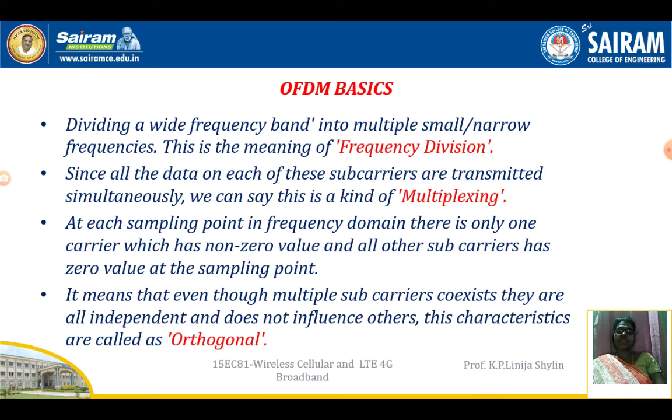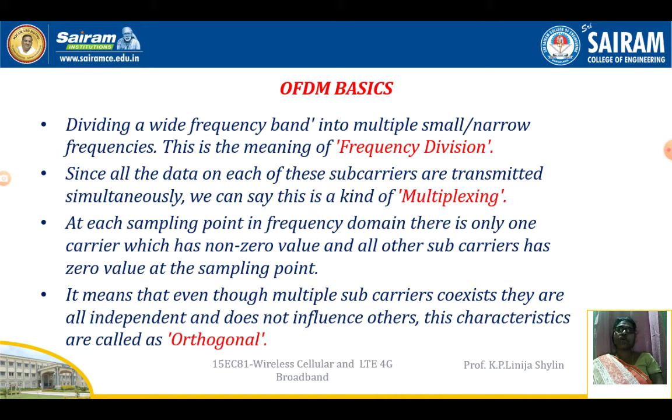First we will see what is frequency division. Here the wide frequency band gets divided into multiple narrow band frequencies, which we call frequency division. Data on each of the subcarriers is transmitted simultaneously, so we can say this is a kind of multiplexing.